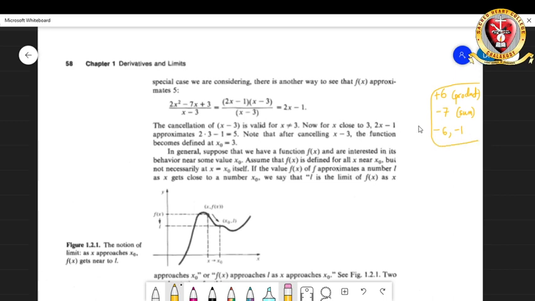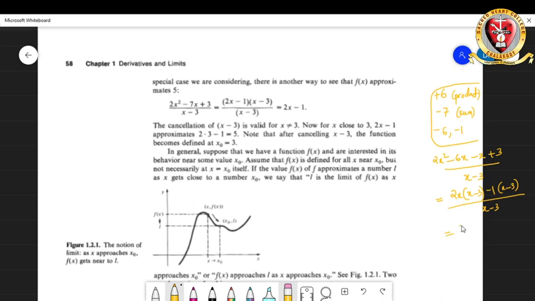So from there, you can get 2x square minus 6x minus x plus 3 divided by x minus 3. You are factorizing it. You can take 2x out, so you get x minus 3. Here also x minus 3, you get a minus 1 here, divided by x minus 3.